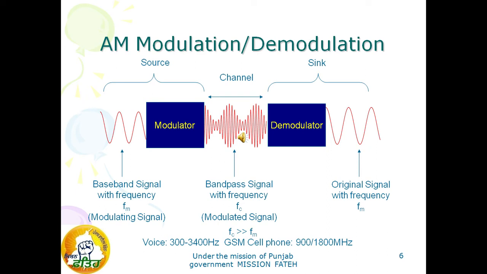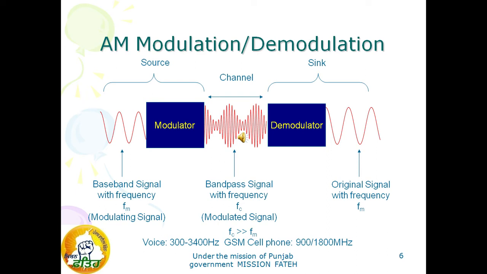Channel may be wireline or wireless. At that place noise is added. This is the unwanted signal. It may be internal or external depending upon the type of the channel, and that noise is measured in decibels, which is denoted by dB.